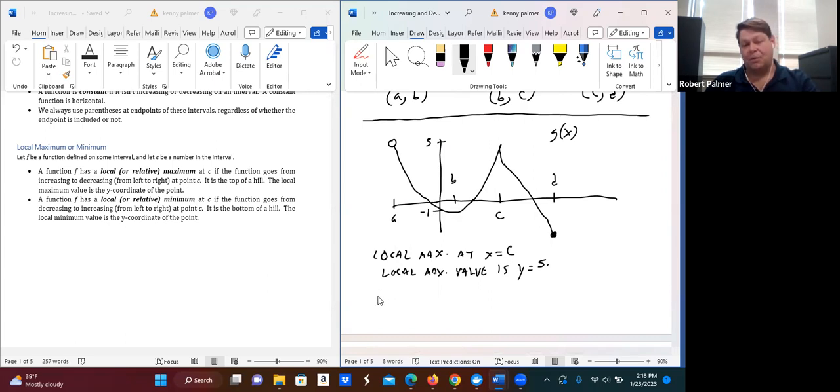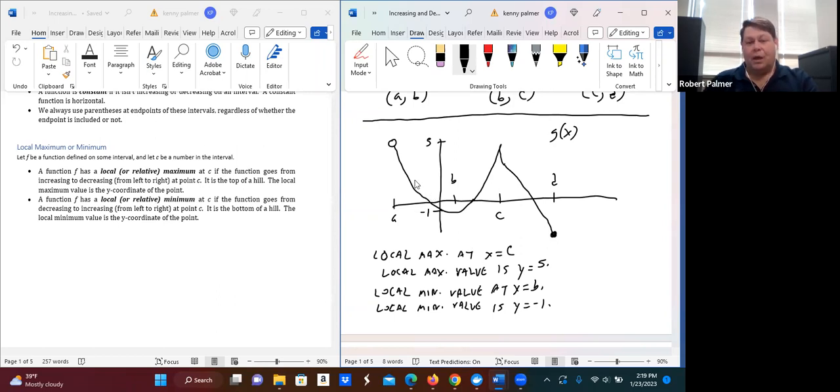So we have one of those at B. So in the same way, we have a local minimum value at, in this case, x equals B. But that's the location; the local minimum value, the value itself, is the y coordinate, okay? Y equals, in this case, -1 with this example.